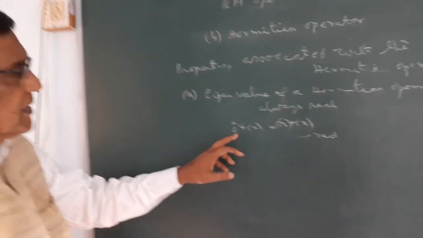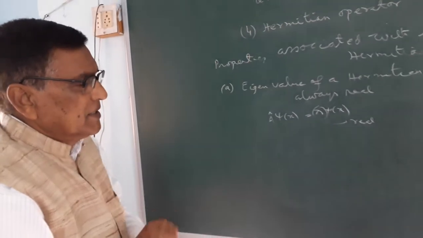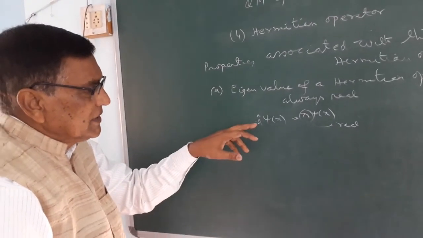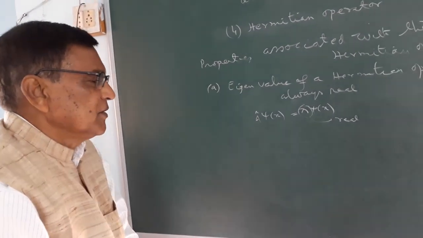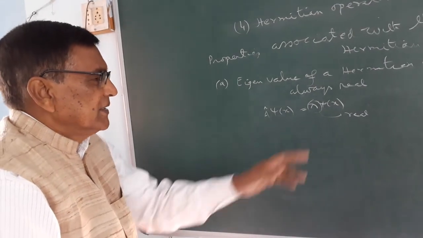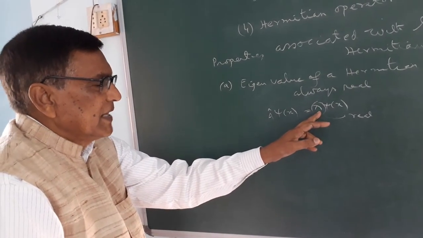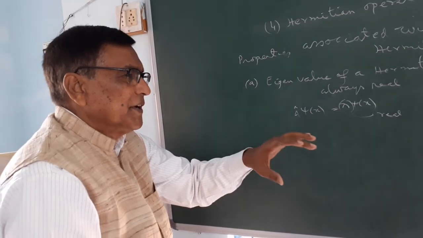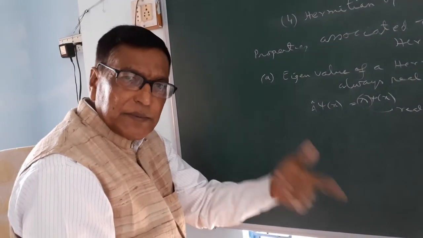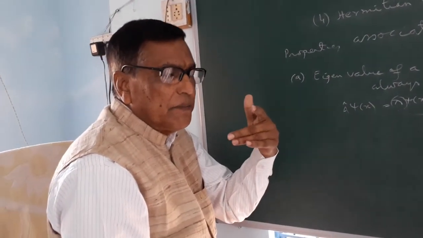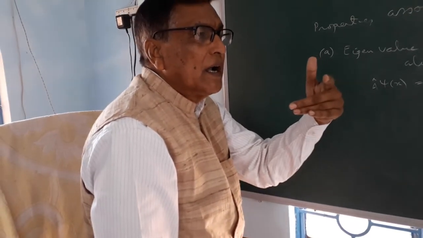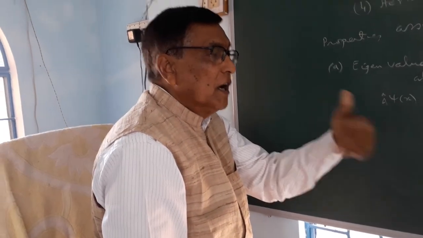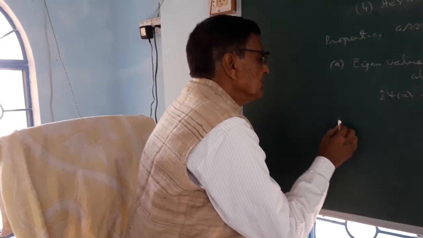As the operator is Hermitian, this operator represents some physical quantity, and this physical quantity is lambda. Physical quantity means experimentally observable, so it must always be real.